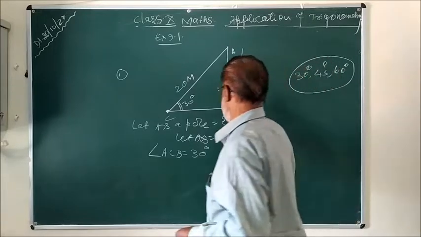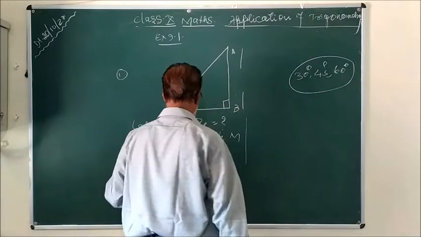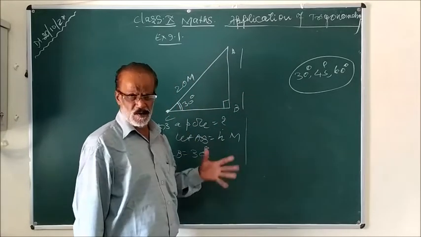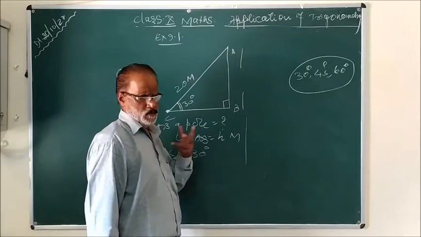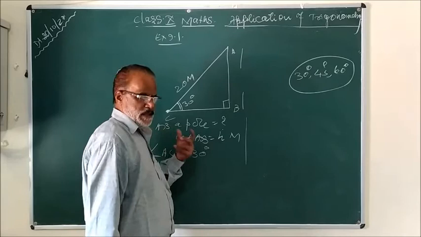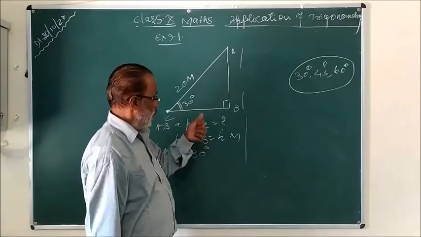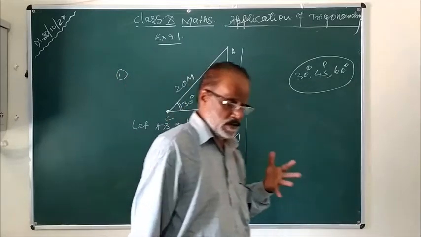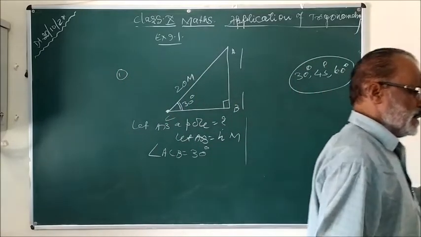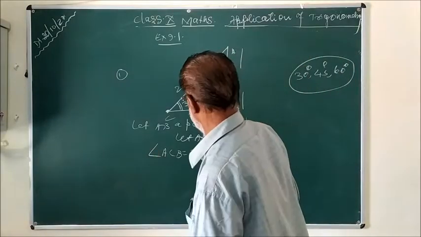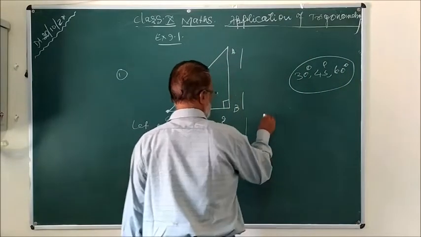So this AB is a pole standing on the ground, and this angle is understood to be 90 degrees. This is not given in the question. You have to conclude from your IQ that the wall or tower or tree or any pole, if standing on the ground, the angle with the ground is 90 degrees. So this is a right angle triangle.